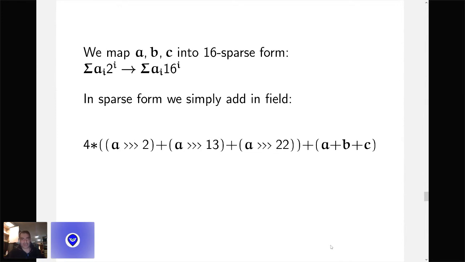Suppose someone was very nice and gave it to us. Then the nice thing is, with this addition gate, we can simply do this: 4 times the field addition of these rotations, plus the addition of A, B, and C. And we do this right after we've moved to this 16 sparse form.